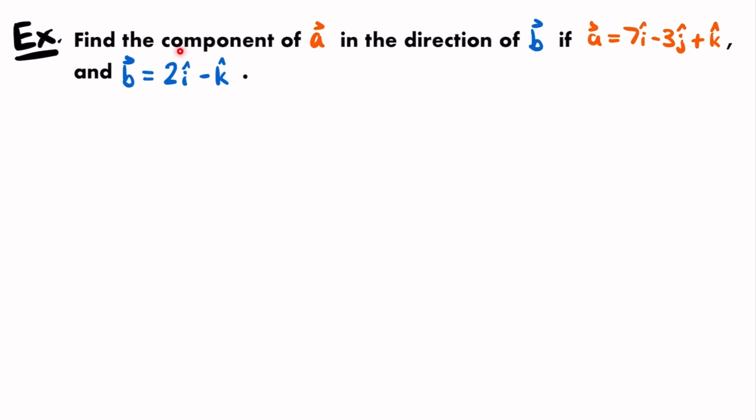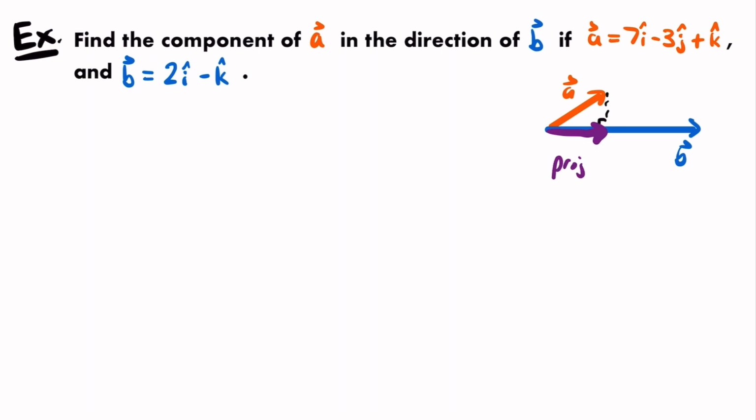Okay, so if we want to find the component of a vector in the direction of another vector, what we're actually looking for here is the magnitude of the projection of vector A onto vector B, right? So to draw a picture of our scenario here, if this is vector A, and I'll label it as such, and this is vector B, then the component of A in the direction of B will be the magnitude of the projection of vector A onto vector B. So if I draw our projection vector, it will look something like this.